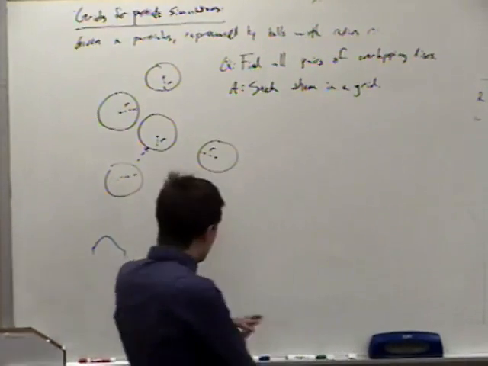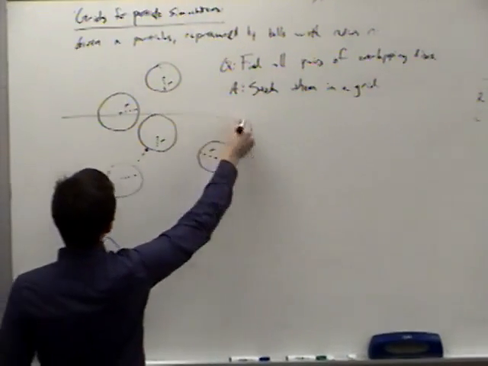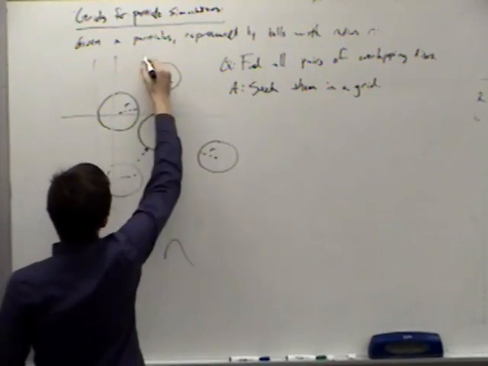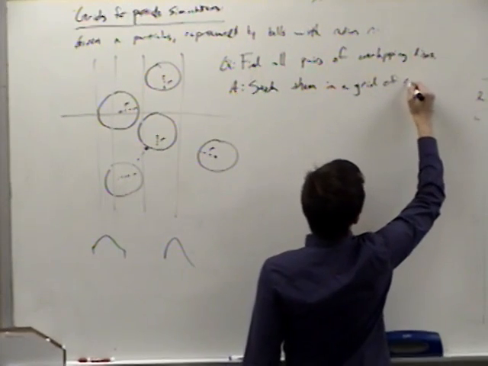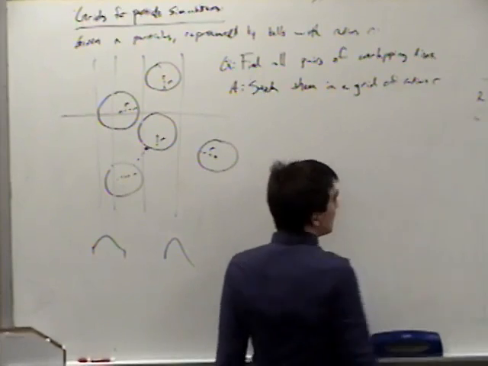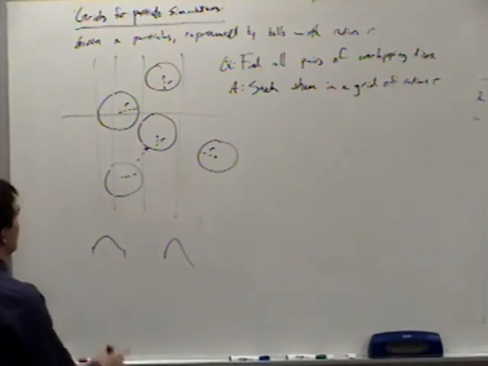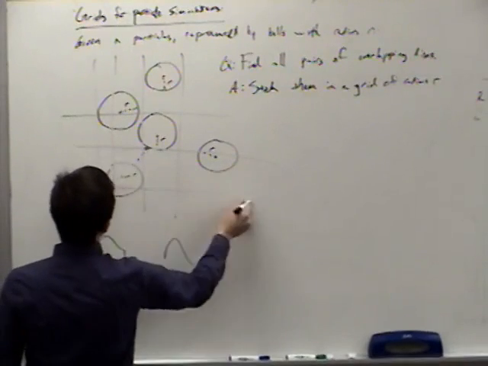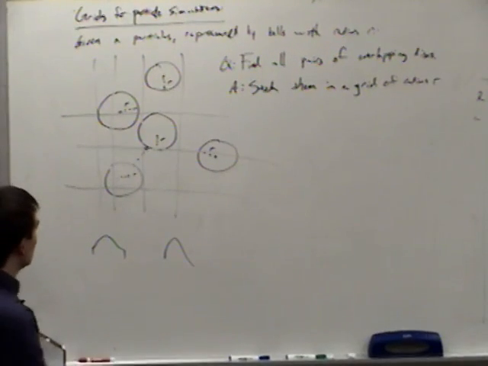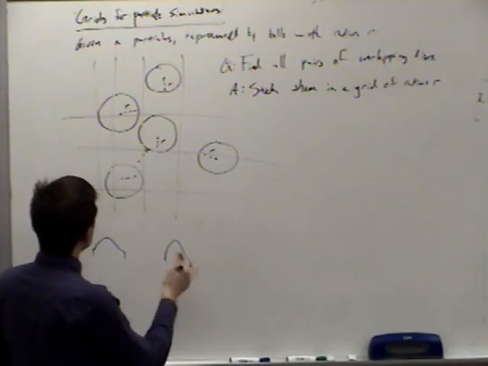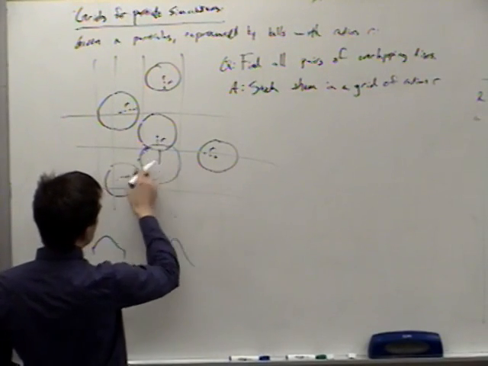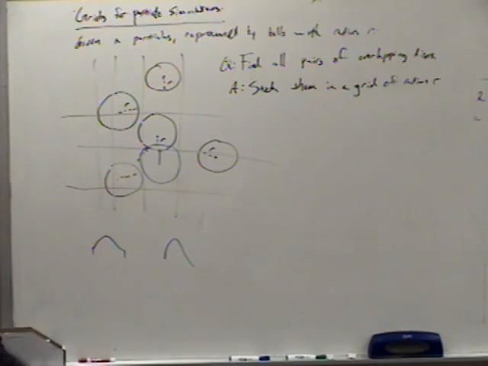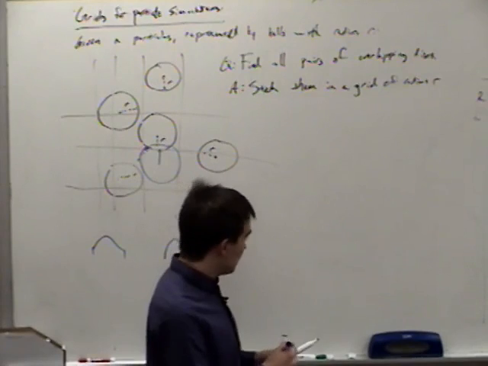You just take these points, chop up the space, and stick them in a grid of radius r. It's exactly the same thing that we did. There's almost nothing going on here. If two things overlap, then you just have to check their neighbors. So if we have two particles that overlap here, we just check the neighbors on all of the sides. That's it. Really, really simple.